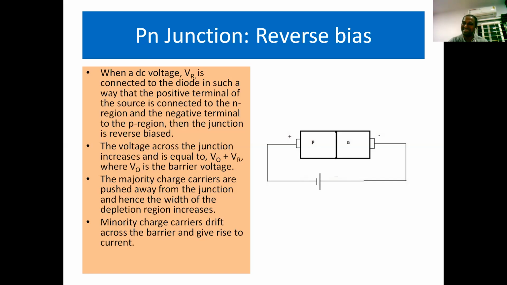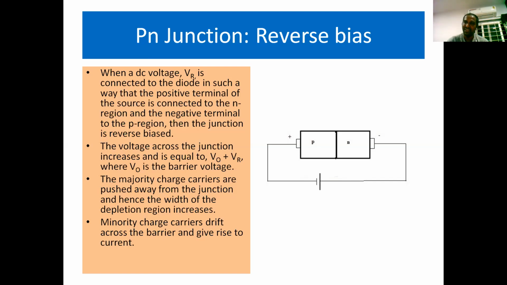If we consider it in a detailed manner, observe here, the piece of p-type semiconductor is connected to the negative terminal of the battery. P-type semiconductor consists of holes as the majority charge carriers. Therefore, positive charge is connected to the negative terminal. That's why, unlike charges attract each other, holes are moving towards the junction. In the same way, the piece of n-type semiconductor has majority charge carriers that are electrons.